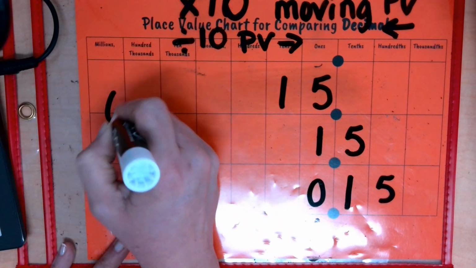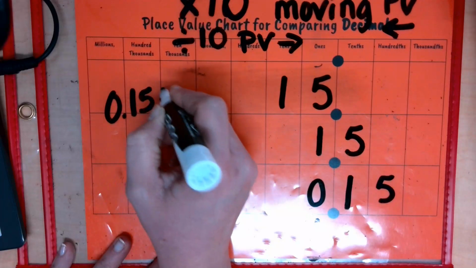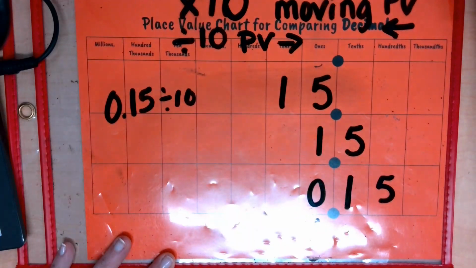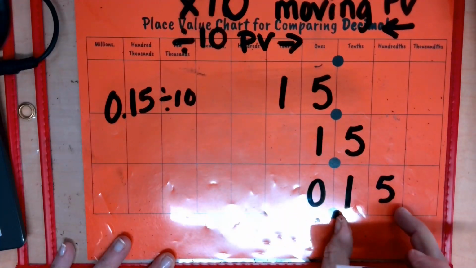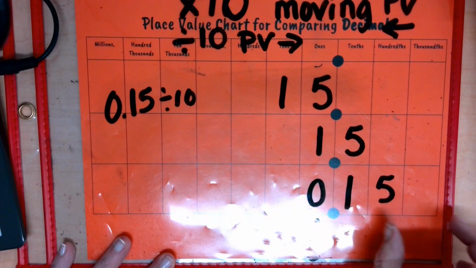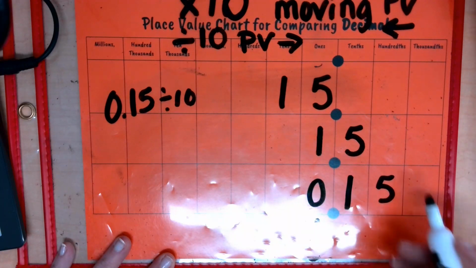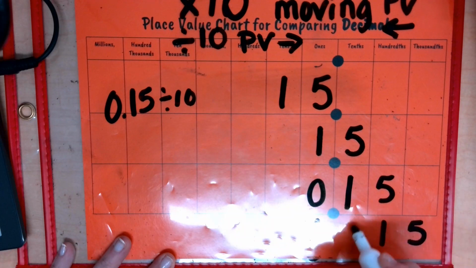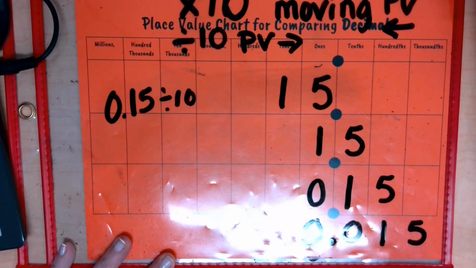If we take 15 hundredths and divide by 10, it's still going to be the same thing. We take all the digits and move them over one place value to the right, to get 15 thousandths now.